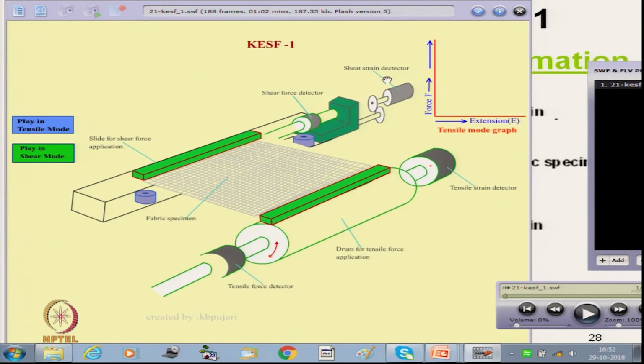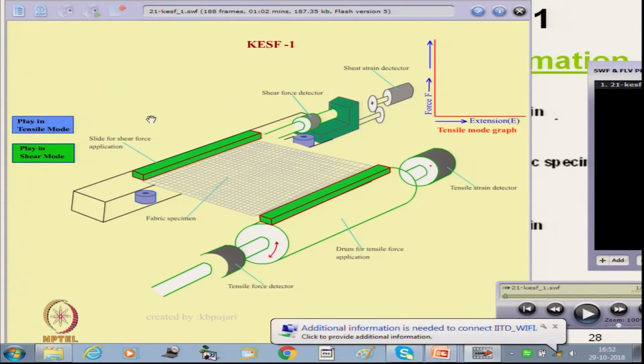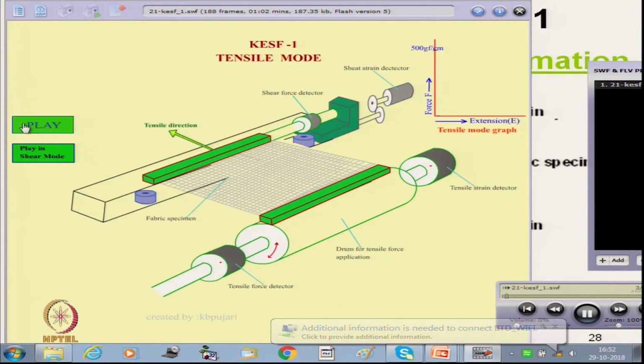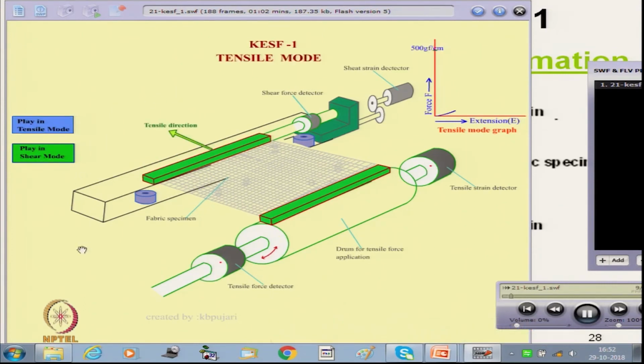And here is the shear strain detector and shear stress detector. Okay. Now, we will start the animation. First we will start with the tensile mode. Okay. Now, we have started.